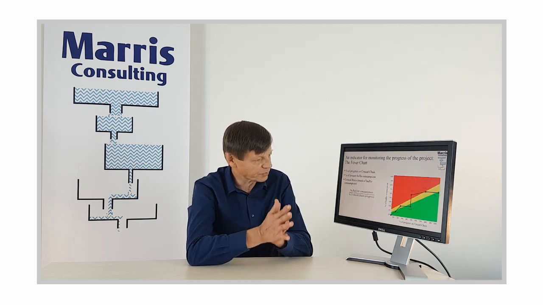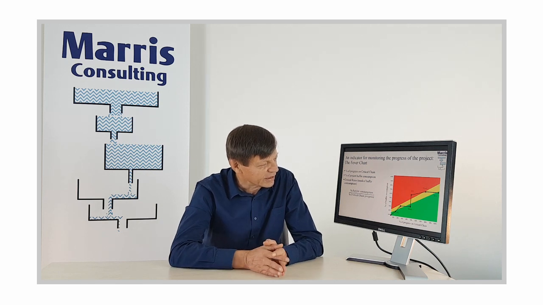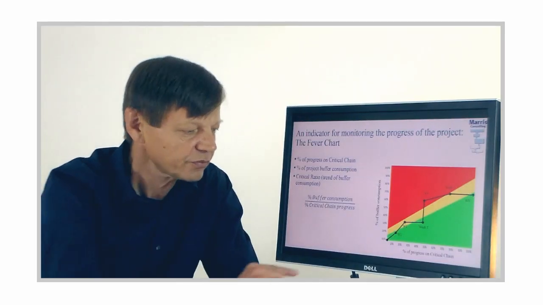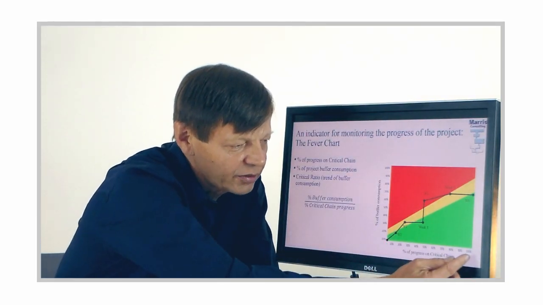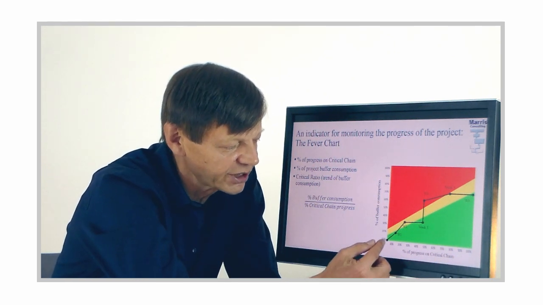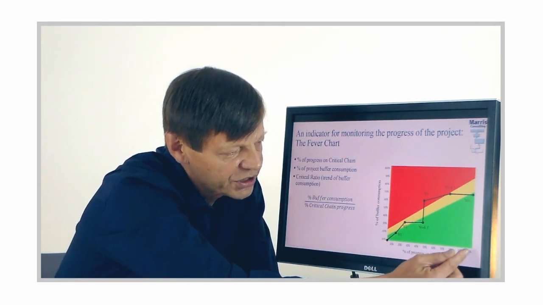Well, next we come to the well-known fever chart, maybe the symbol of critical chain. And what does the fever chart represent? It's very simple. Along this axis here, it is the percentage of progress on the critical chain. So any project will start here and finish here, right?